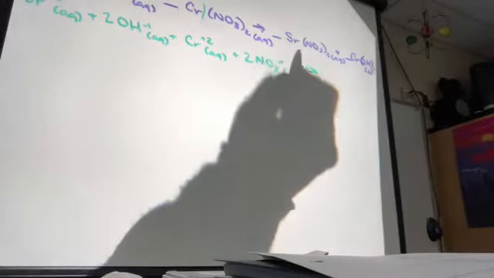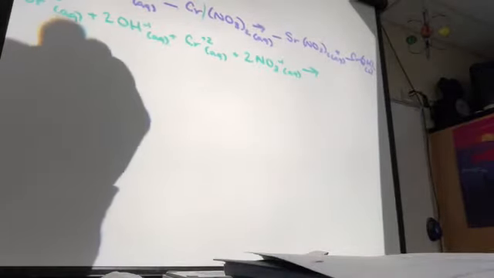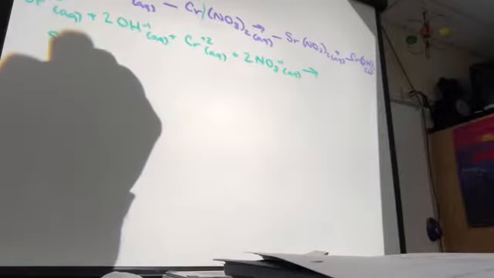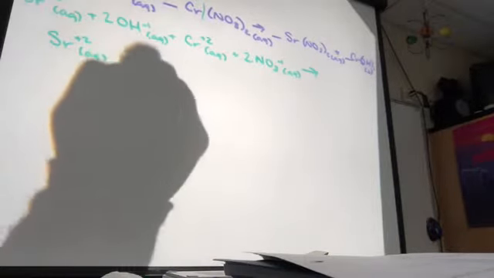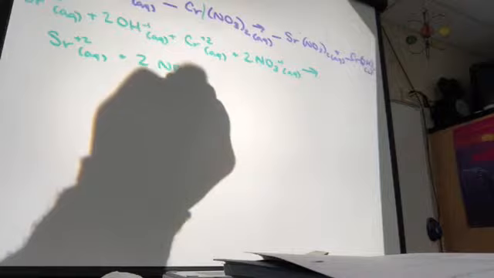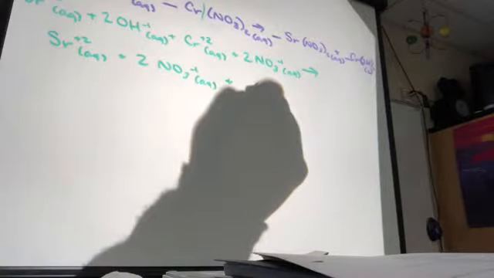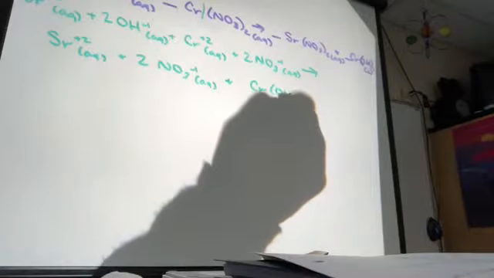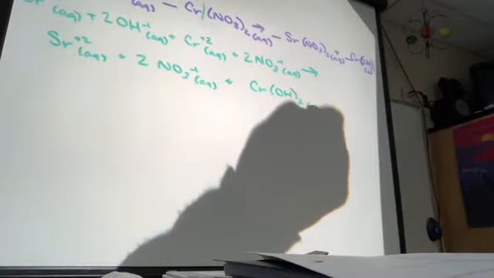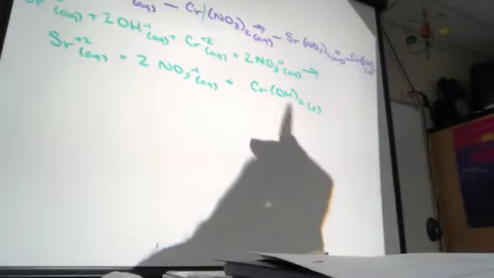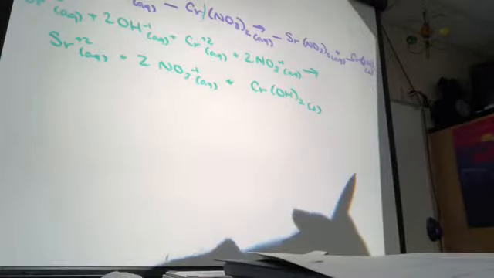Now I split this aqueous in half. Sr+2 aqueous plus 2 NO3-1 aqueous plus Cr(OH)2 solid. I don't break up the solid. The solid is my product I'm looking at.